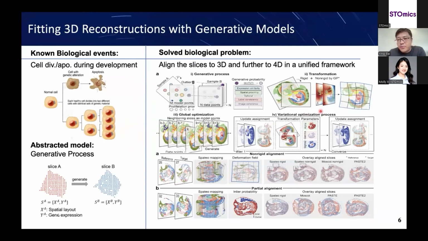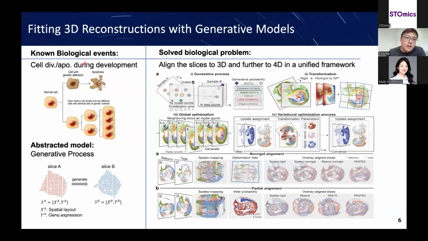For the previous methods, most methods are derived from image alignment. When we register two images, in the image field, we usually use global alignment, aiming to register two images globally. However, this is not the case in biological events.